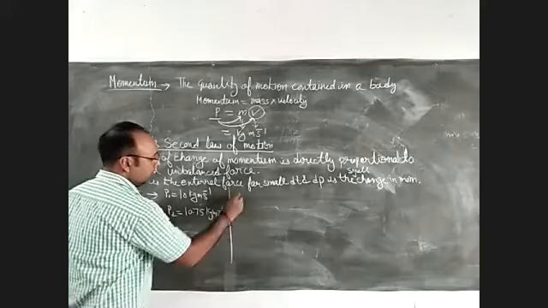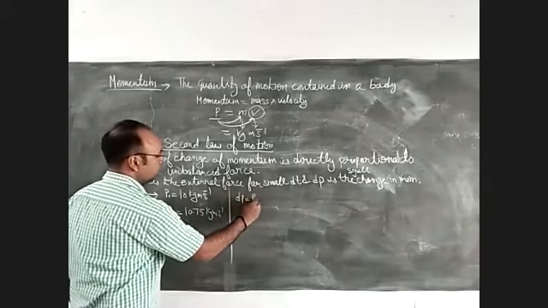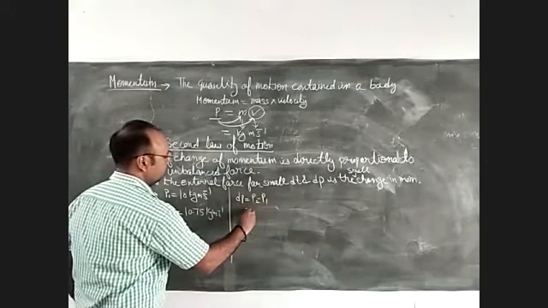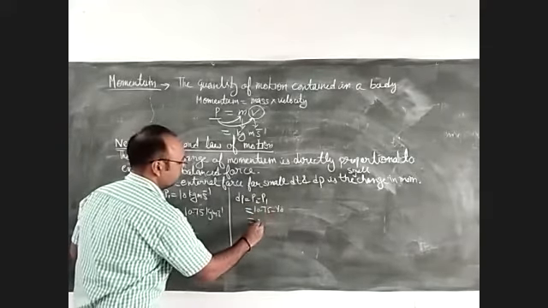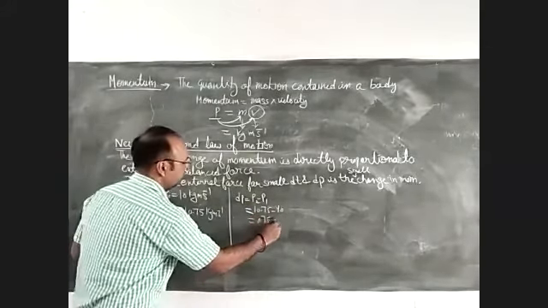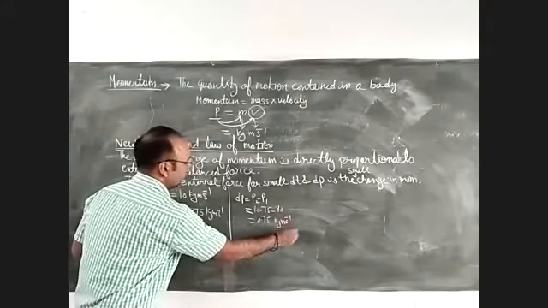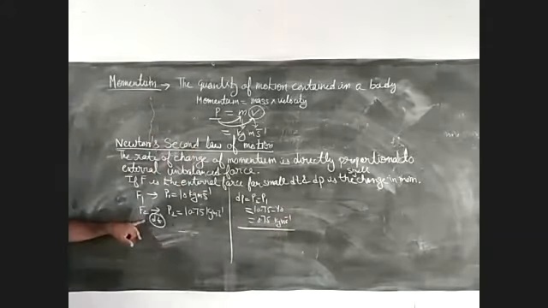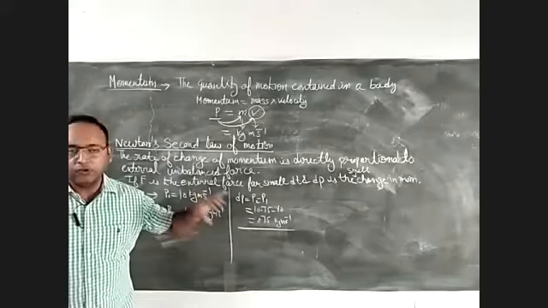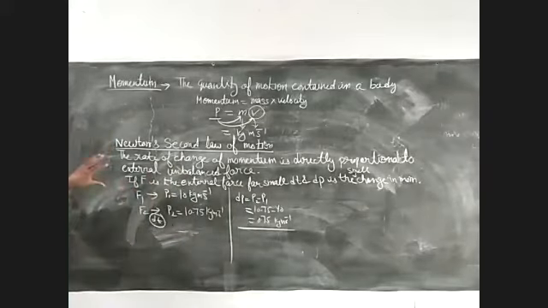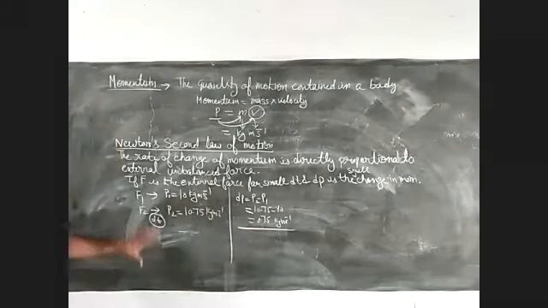So what is dp here? dp is equal to P2 minus P1, that is 10.75 minus 10, equal to 0.75 kg m per second. So if the force acts for a small interval of time, then there will be a small change in momentum. So dp represents here a small change in momentum. Please keep in mind dp is small change in momentum.